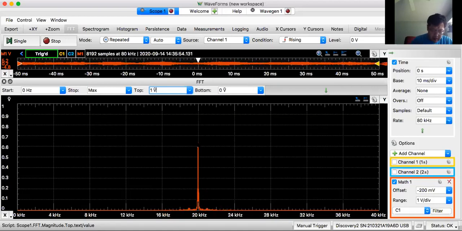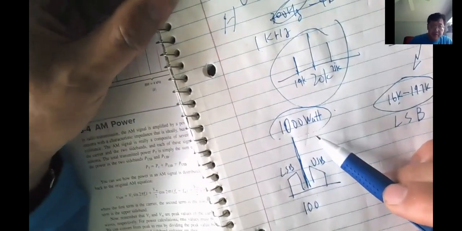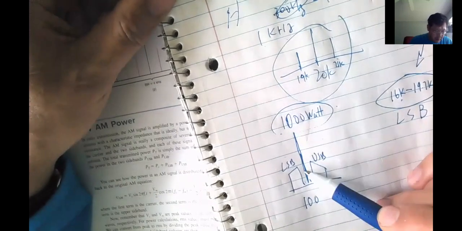So what about all the energy of the upper sideband and the lower sideband? It turned out it depends on the modulating index. If we modulate 100%, let me share my camera. So this 1,000 watts will be the carrier, for example.